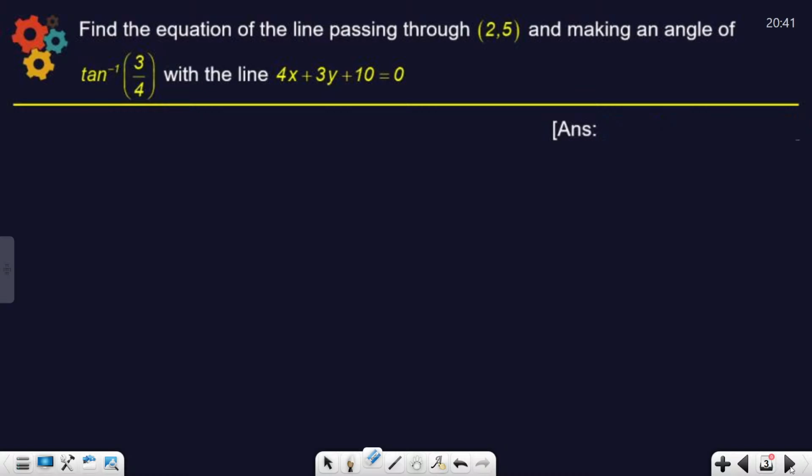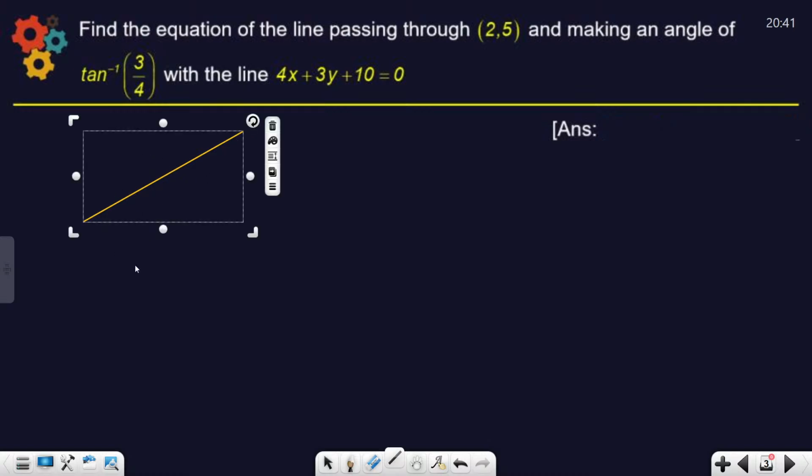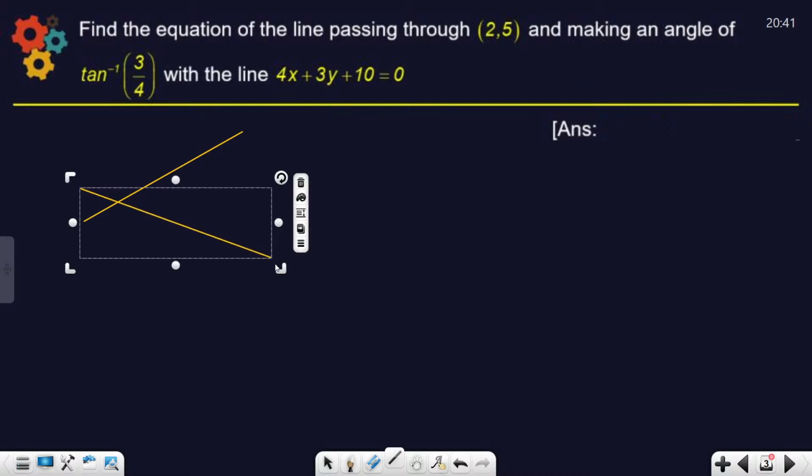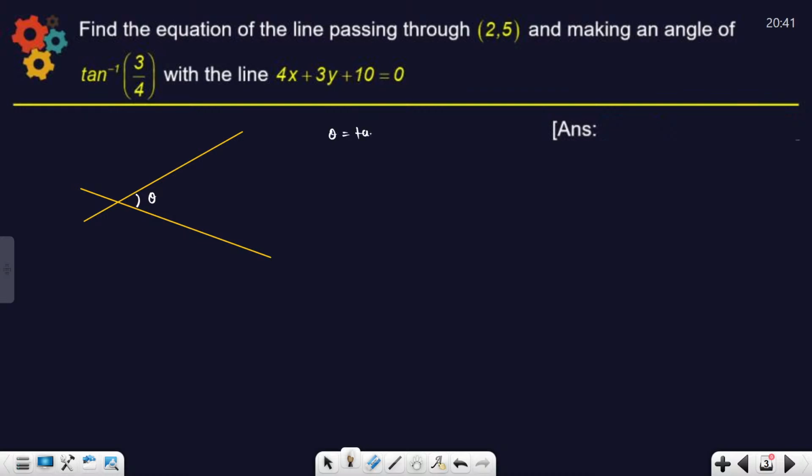In this question, they have said, find the equation of a line passing through (2, 5) and making an angle. So this is the line, and this line is making an angle tan inverse 3 by 4. Let me denote this angle as theta. Here theta is tan inverse 3 over 4, right?